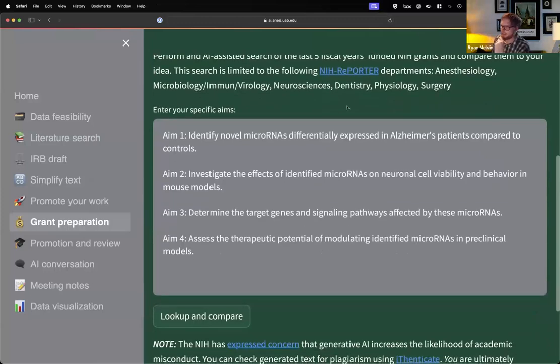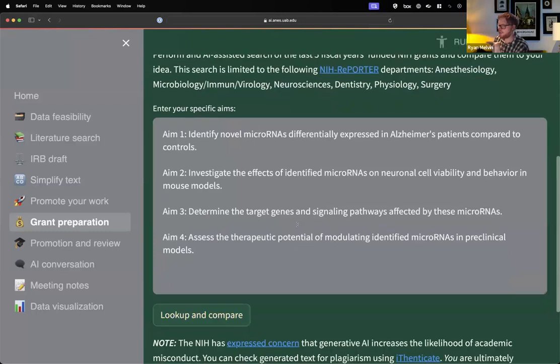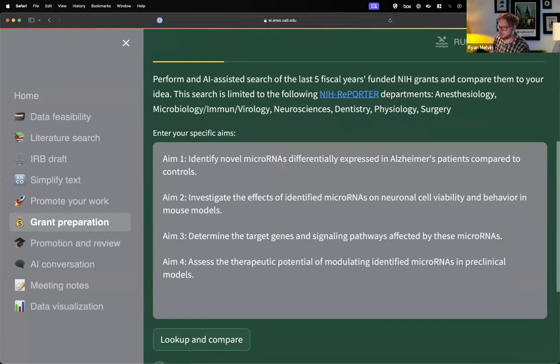And then we also have cached the last 5 years of NIH-funded grants according to NIH Reporter. In certain departments, we did have to limit it because of some of their API limitations. So relevant to our folks, in anesthesiology in particular, if you enter your aims, it will now compare your aims to the last 5 years of funded grants at the NIH, including renewals.